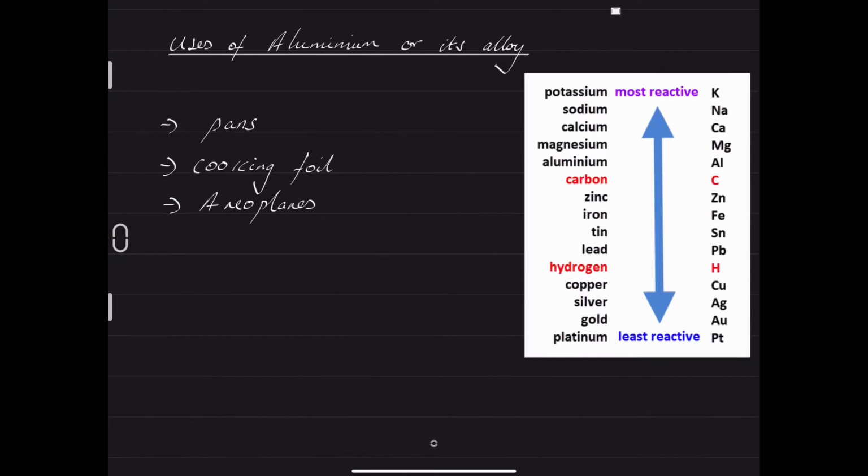So based on its ability to become unreactive, what else could we potentially use aluminium in, or do we use aluminium in based on its unreactive property? Now, another point, the third point here, is aeroplanes. So aluminium or its alloy is used in aeroplanes.